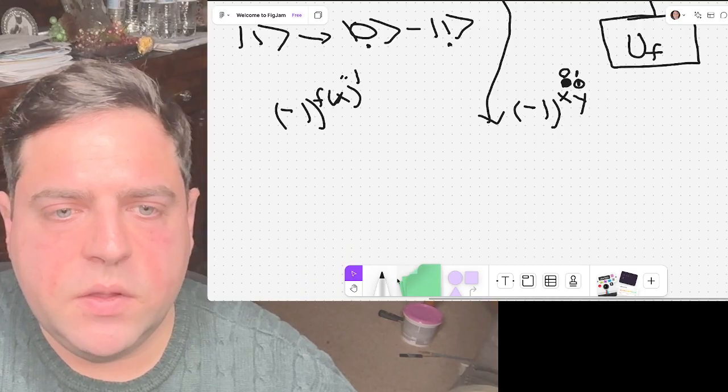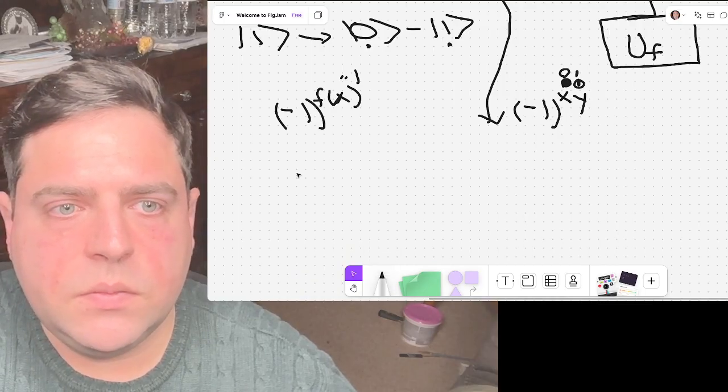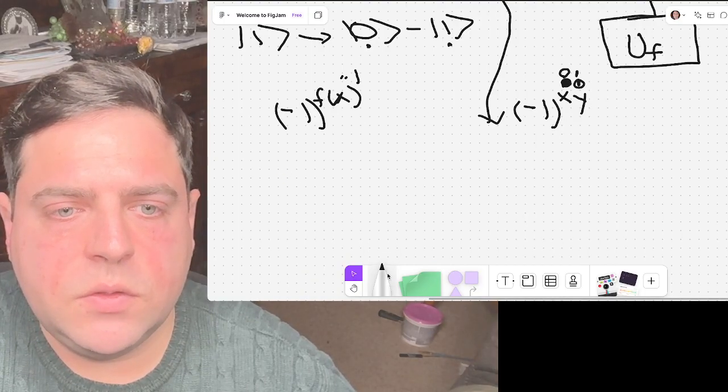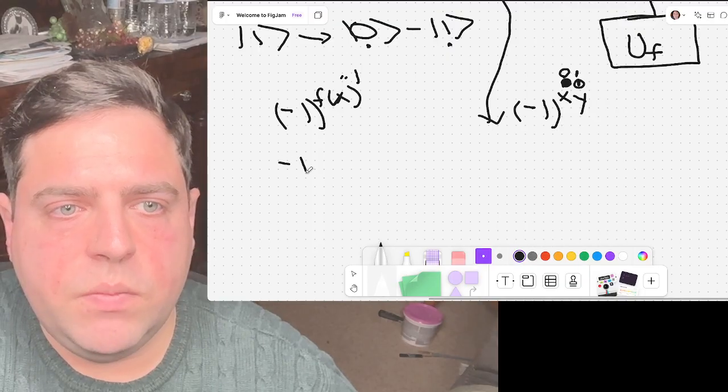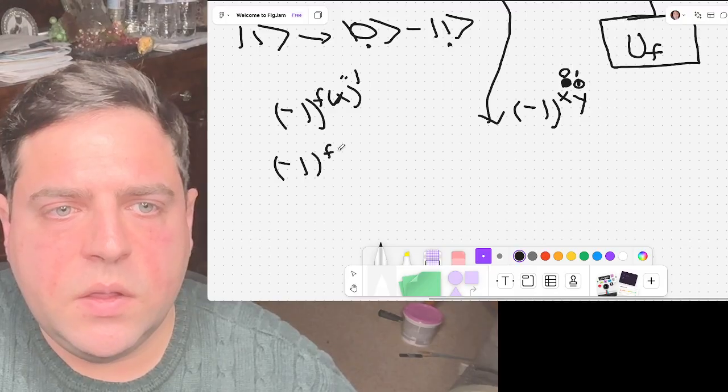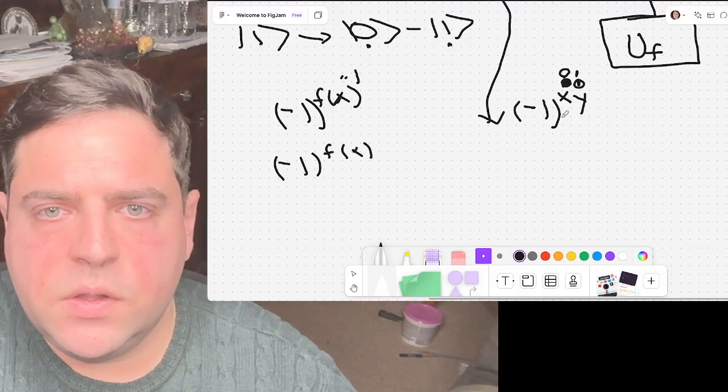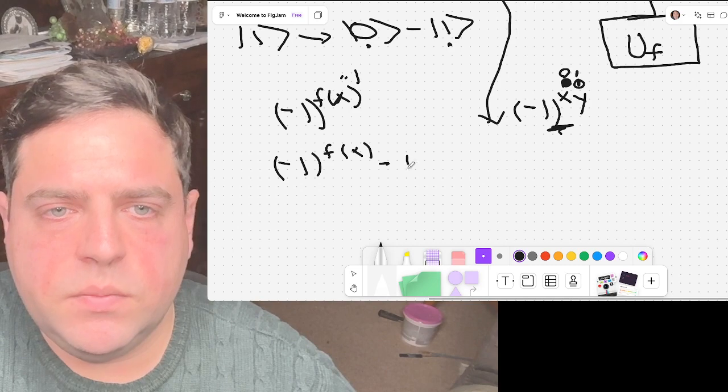So now we see this is going to be stacked with this to represent the Hadamard gate.